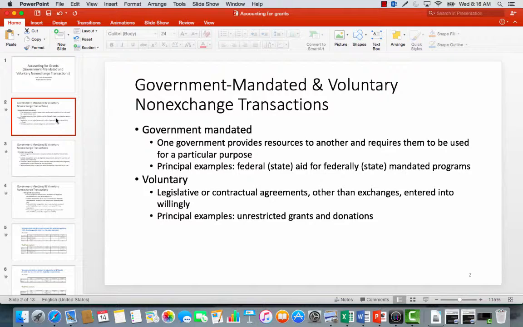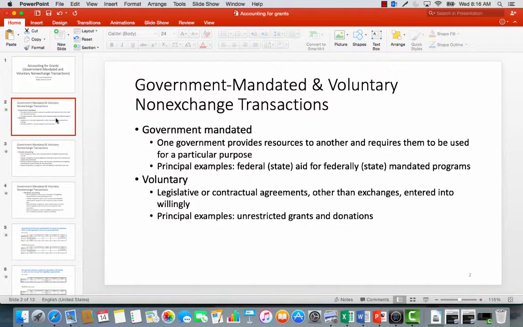The government typically has to do something, spend on a particular program like special education or a health program, some type of police program, and by doing so it qualifies to receive grant reimbursement from another level of government, the state or the federal government usually.